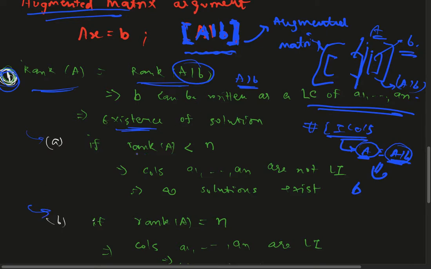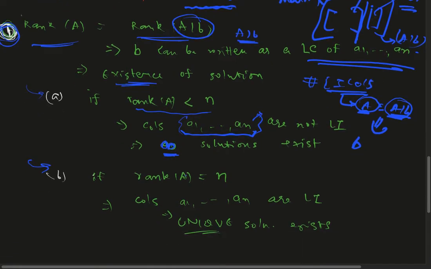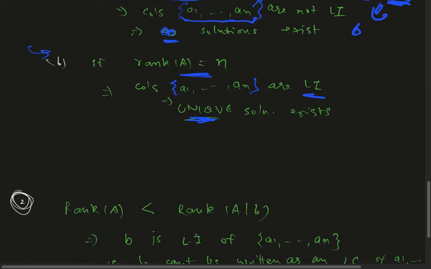Case a says that if rank of A is less than n, the number of linearly independent columns from A1 to An is less than n, which implies that these columns are not linearly independent. And from the discussion we had above, this implies that infinite solutions exist. If rank of A is equal to n, then all the columns A1 to An are linearly independent, and hence a unique solution exists.